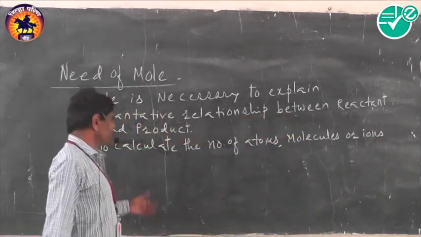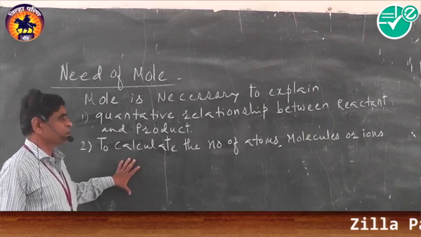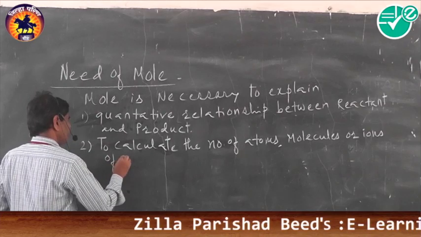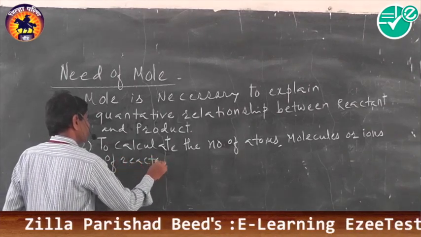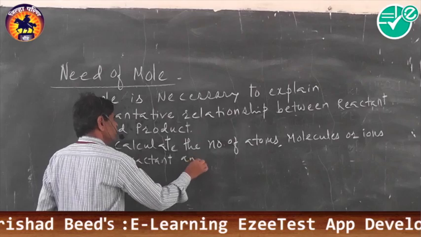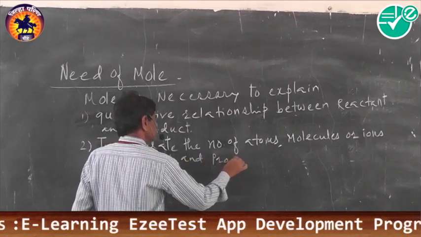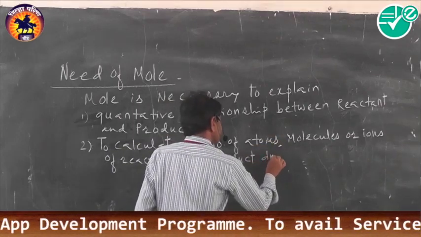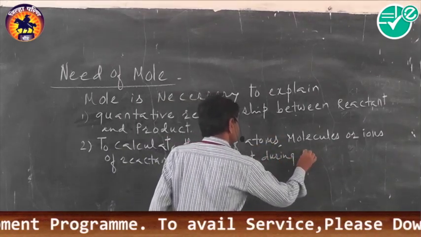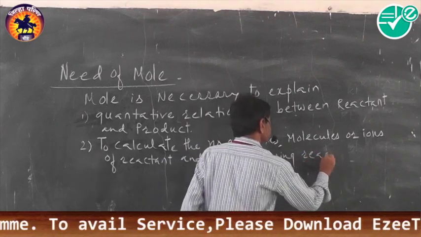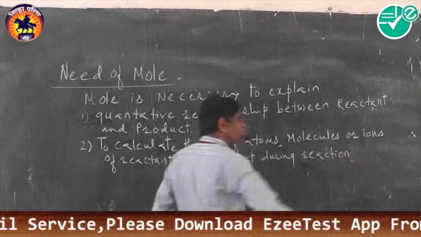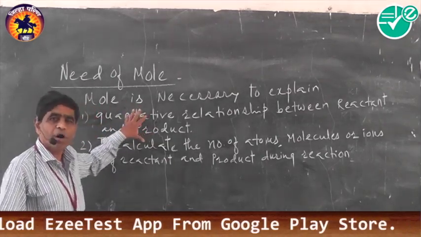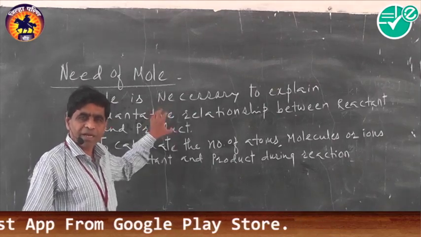So, to calculate the number of atoms or number of molecules or number of ions of reactant and product during reaction. And so, basically, mole is necessary to explain quantitative relationship between reactant and product.